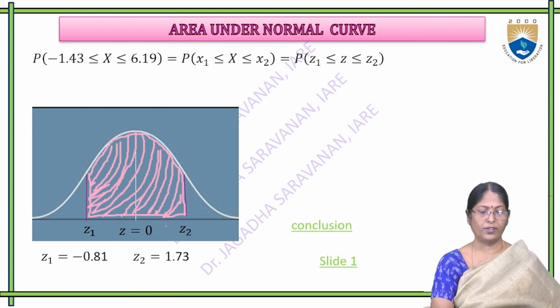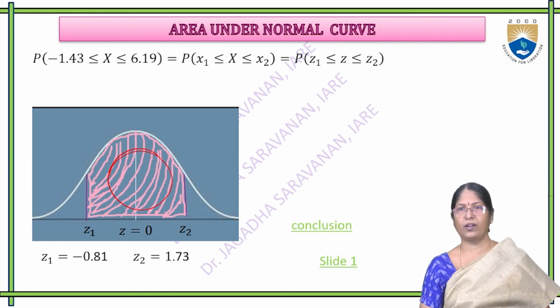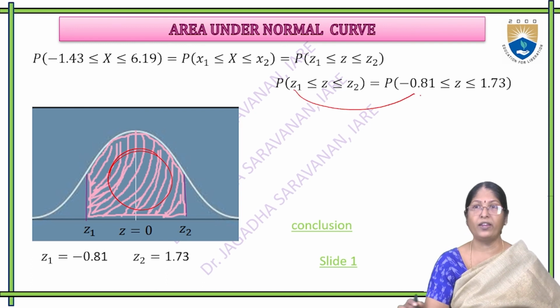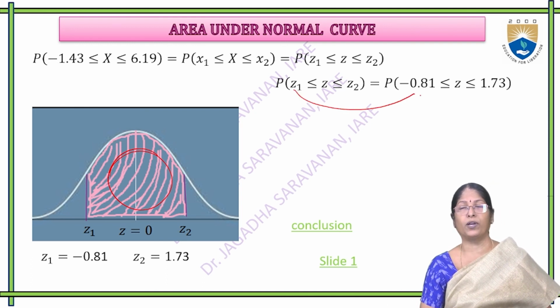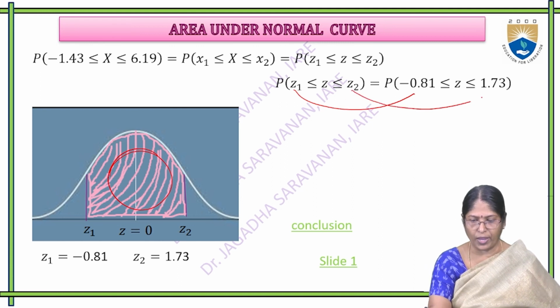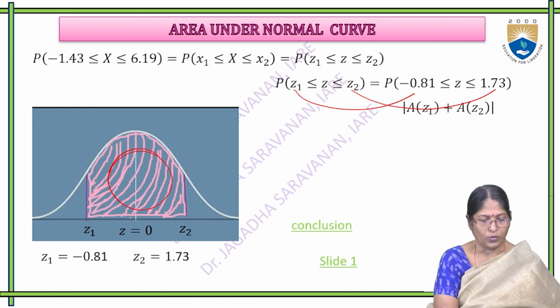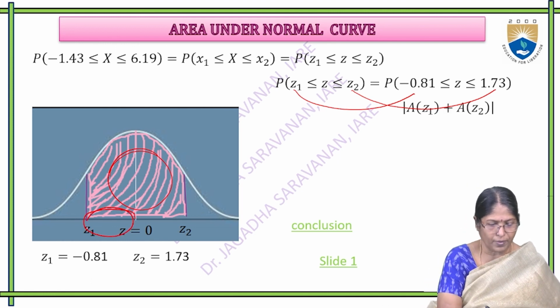We plotted it. This is the shaded one, which is colored in pink. The shaded area we have to find. So Z1, what we obtained for this particular problem, is minus 0.81. Our Z2 is 1.73. So it's a very clear picture.